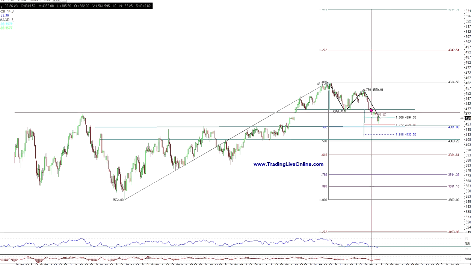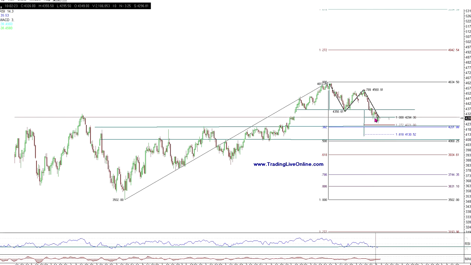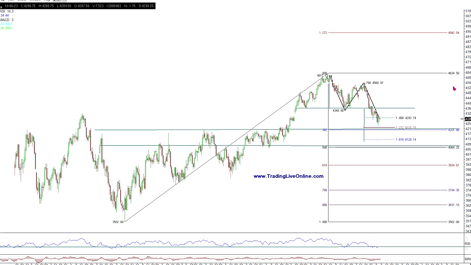So we can see here that the market traded to the D 1.0, and notice on the reaction up, notice here that it only got as a test to this neckline.